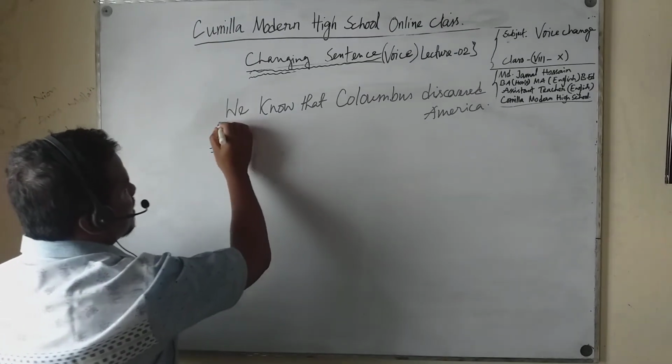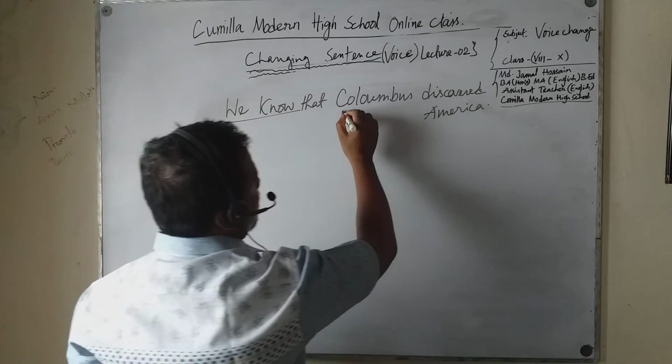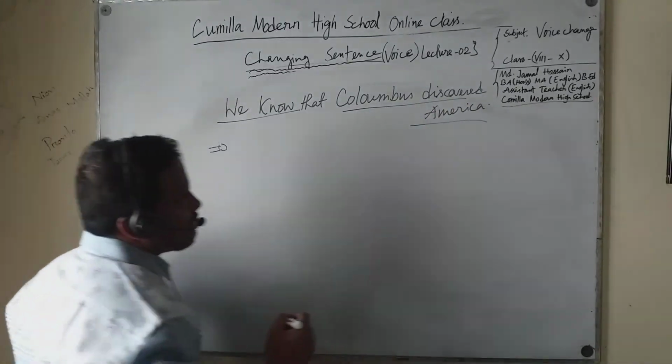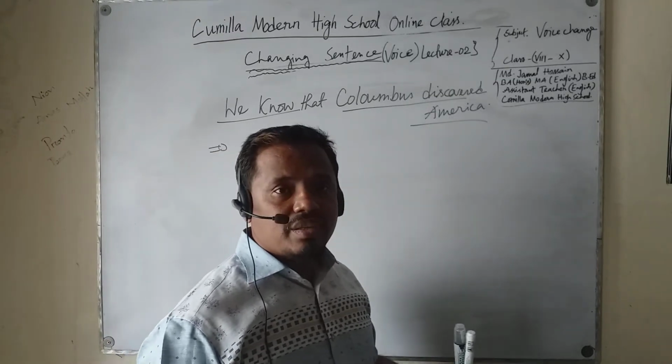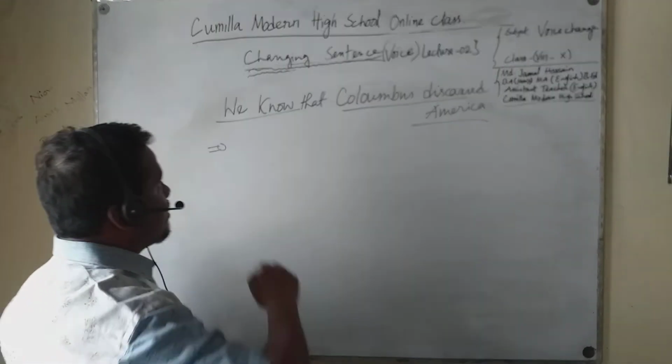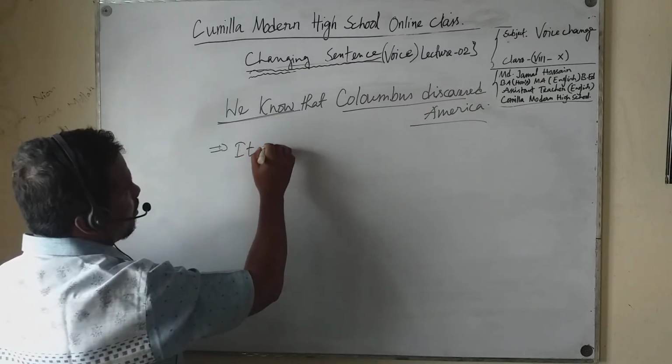Now, it's a complex clause, and this is another clause. So you have to transform into passive both of the clause. For this reason, we know we have to use it is known to us.